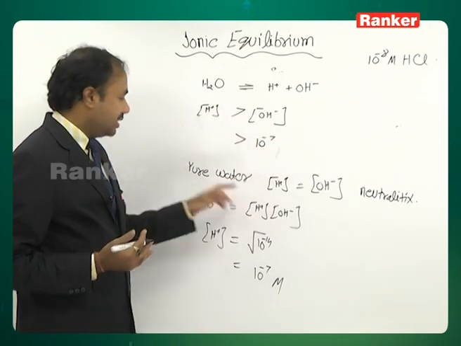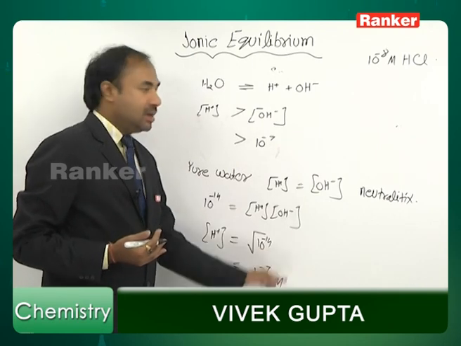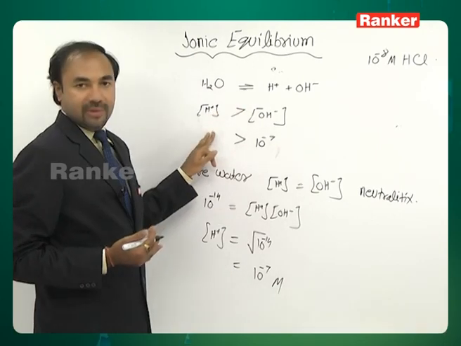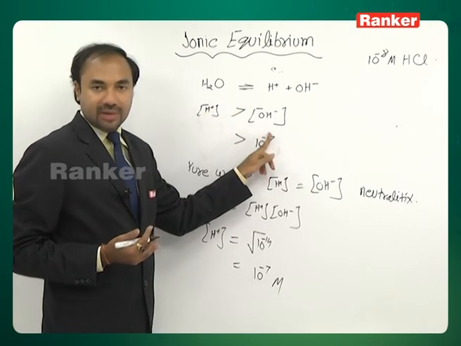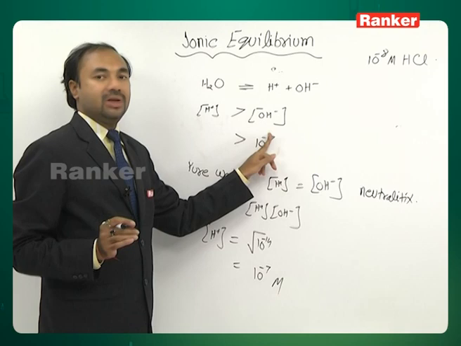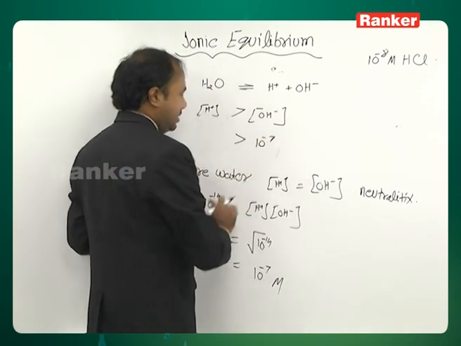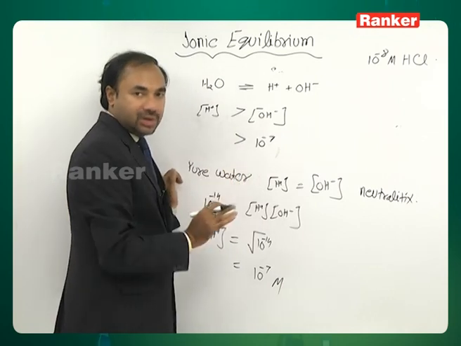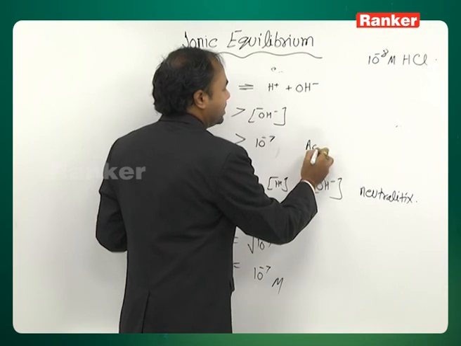Because in neutral water, concentration of H plus ions was 10 to power minus 7 moles per liter. So, if in a solution, concentration of H plus ions is greater than OH minus concentration, then the solution is said to be acidic. So, at 25 degrees Celsius again, if concentration of H plus ions in the solution is greater than 10 to power minus 7, we say that the solution is acidic.